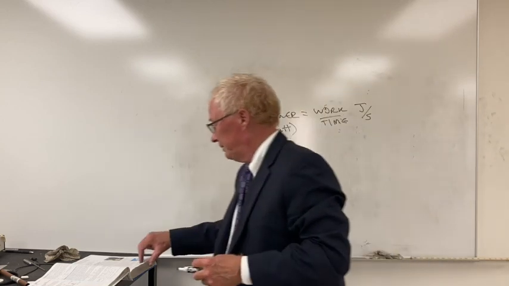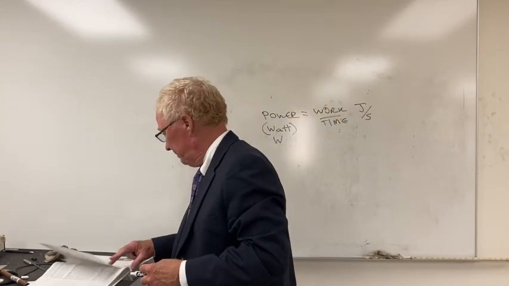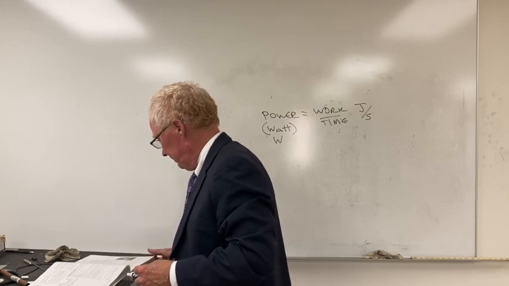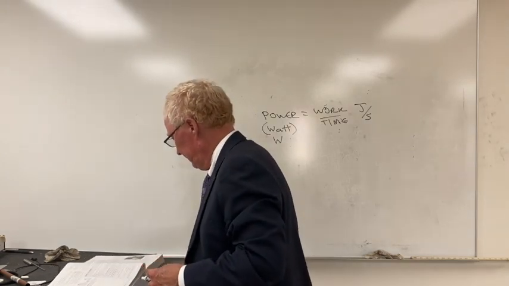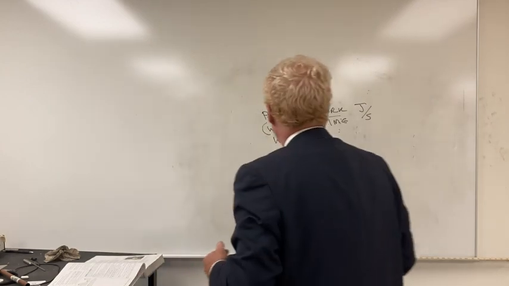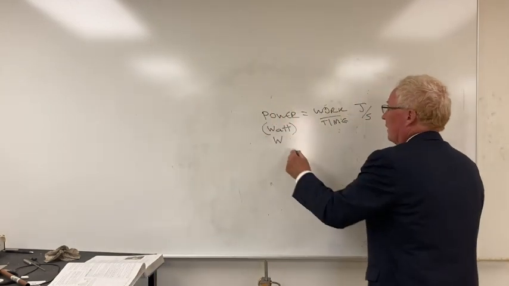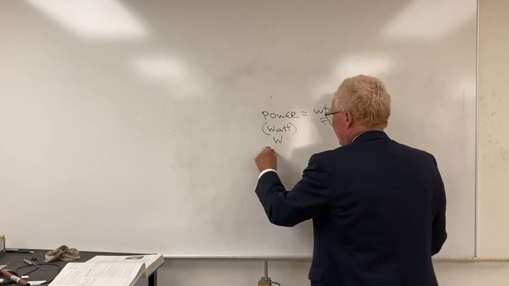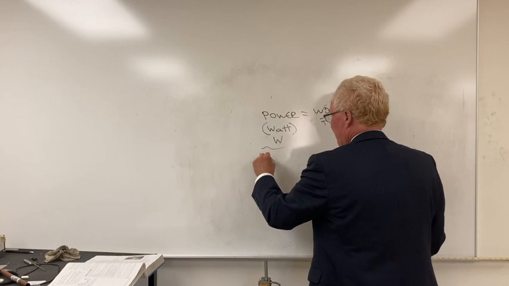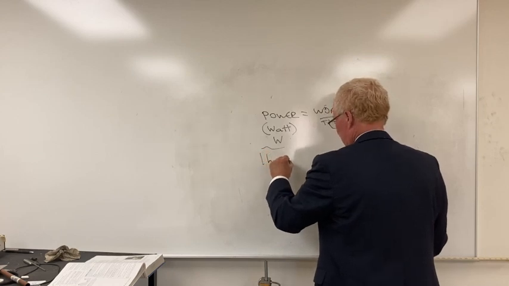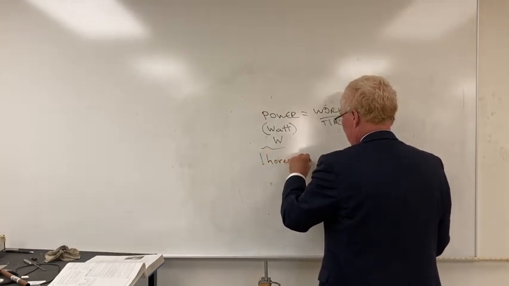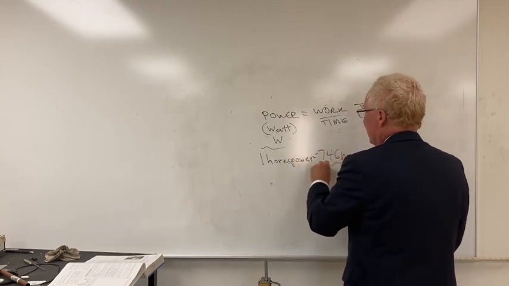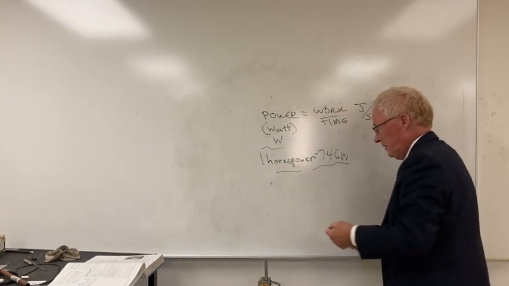Before I get into an example, units of power. The English unit of power is the horsepower, which is equal to 746 watts. This was defined by James Watt.